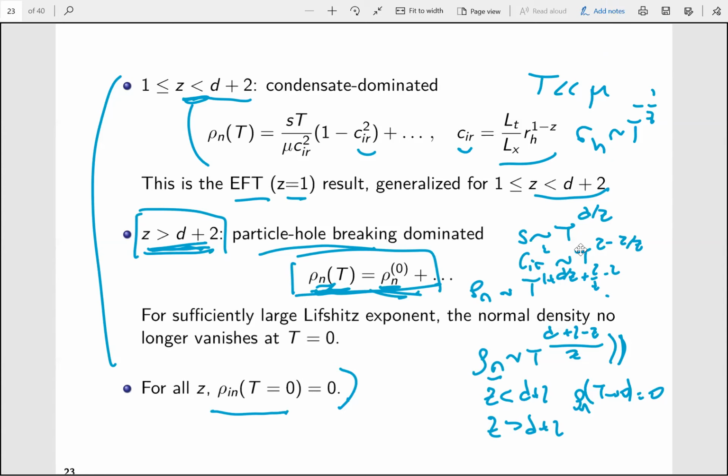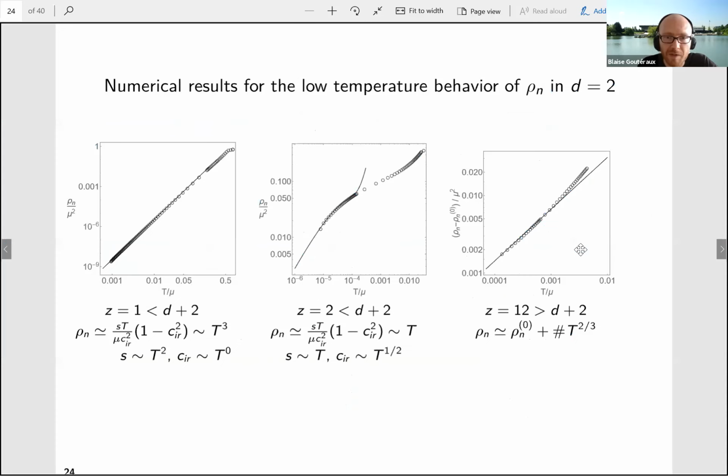Great. So just to convince you that we did go through the calculation and that things are as we say they are, these are the numerics that we ran. We worked in d equals 2 mostly. Here I'm showing you 3 cases. One has z equal 1, so this has z less than d plus 2.